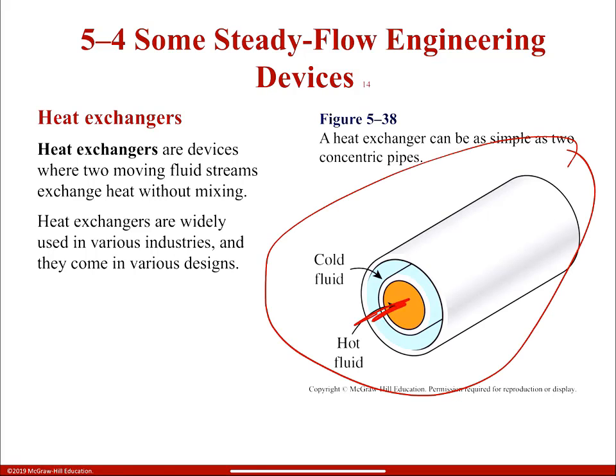You have a hot fluid coming through this pipe, and then you have a cold fluid coming through the outside. As you know, the heat transfers from one fluid to another, and that transmission of heat will be given by materials and different things.